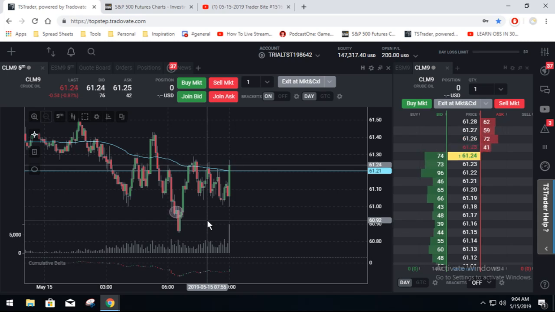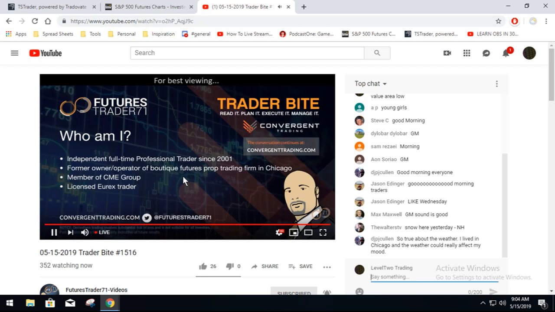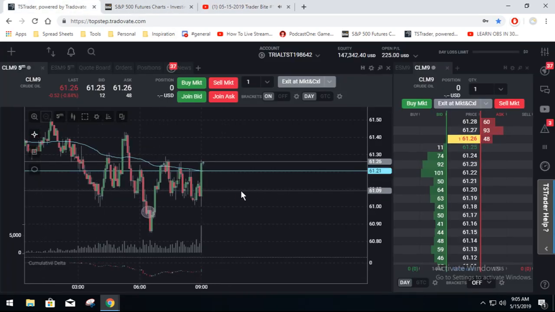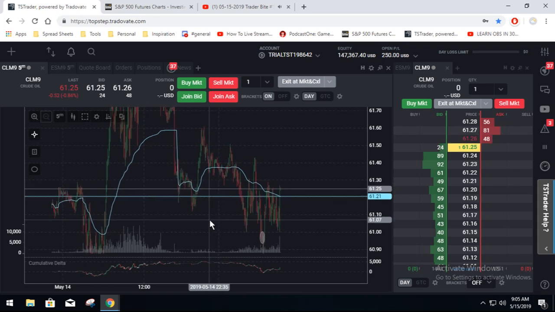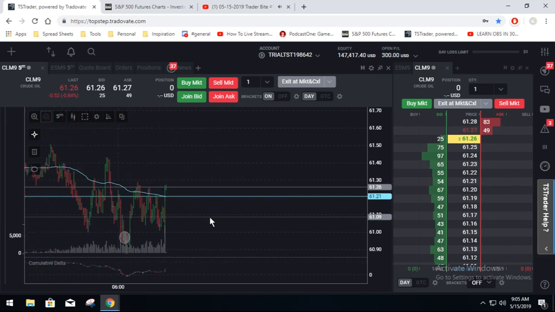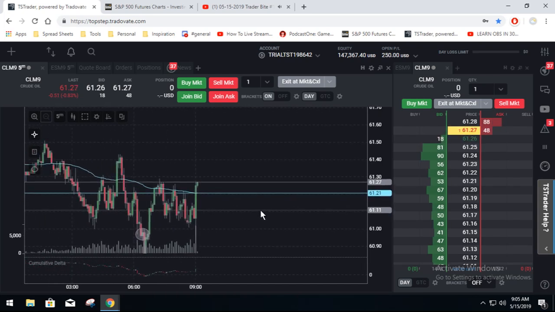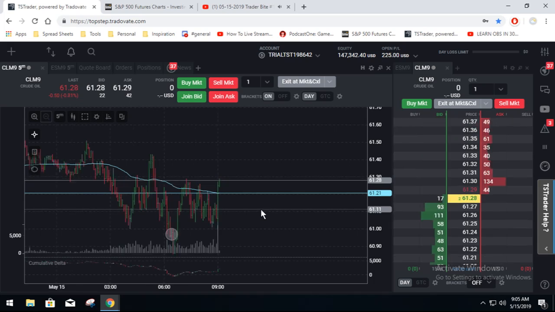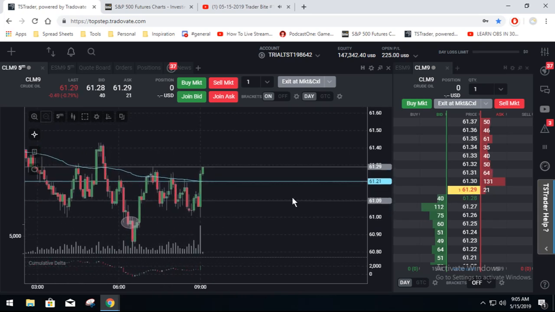Right, so that's your opening range here. This is FT, so alright, the bulls are in charge.